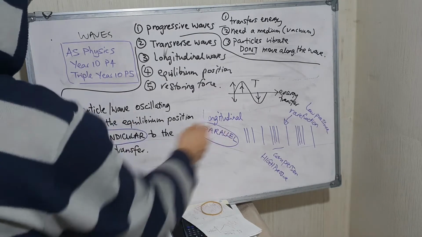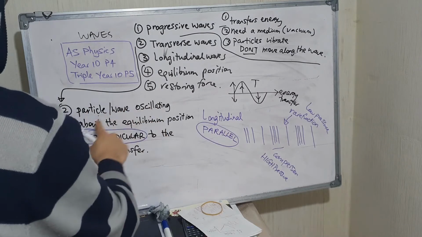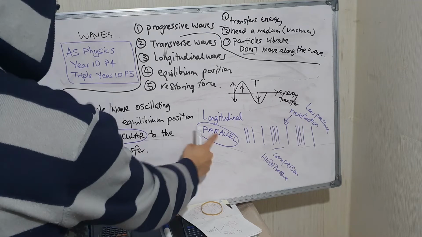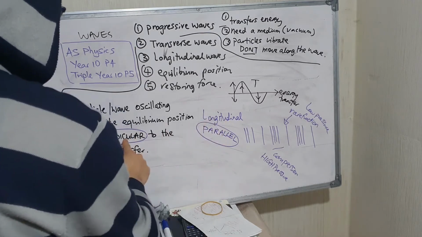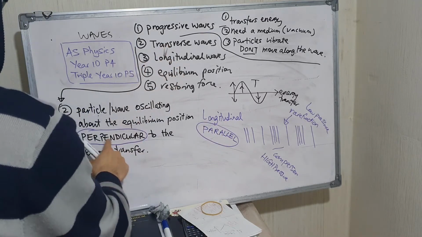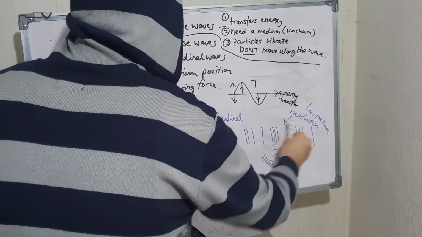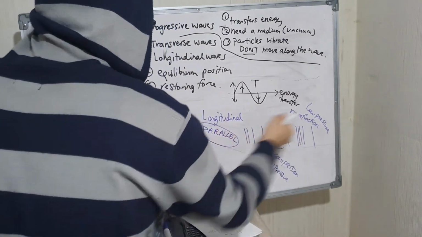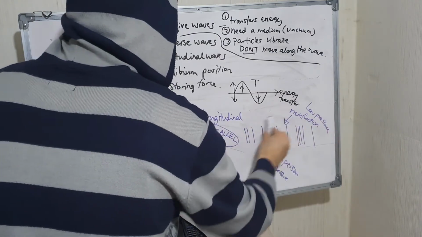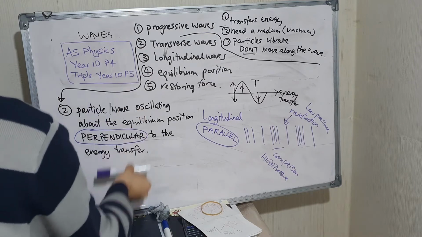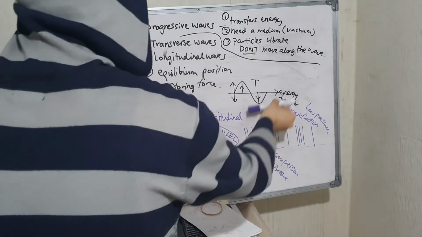If it's longitudinal, it's a particle or wave oscillating about the equilibrium position parallel to the energy transfer. So you swap to parallel when it's longitudinal, and if it's transverse, you say perpendicular. So here it is moving this way, it's moving left to right, that's parallel. If it's transverse, it's up and down, but it's moving along this way.